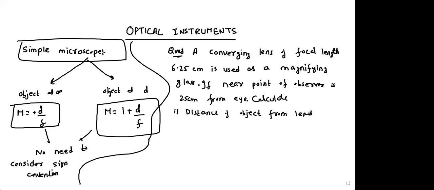For this, you can simply use lens formula. Second, angular magnification. For angular magnification, you can use this relation because your final image is at 25 centimeter. That's your image distance.